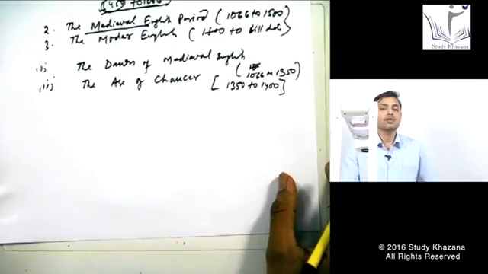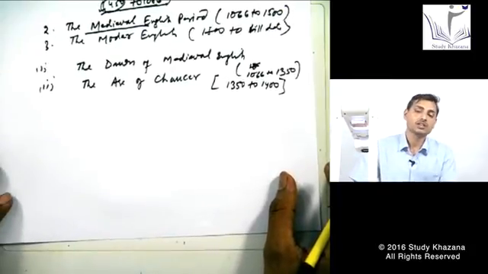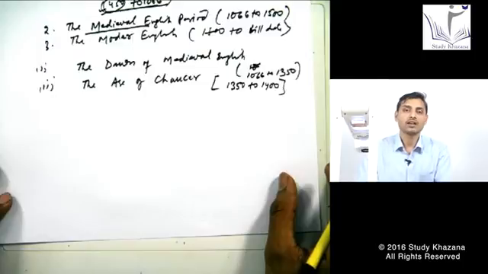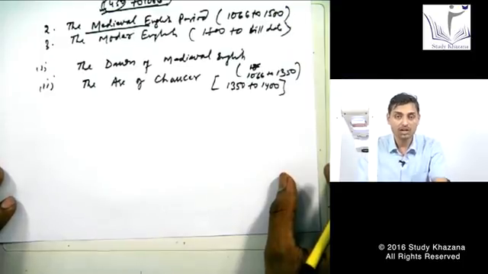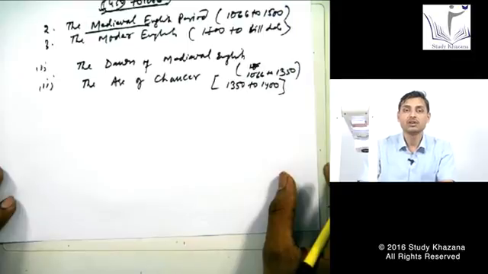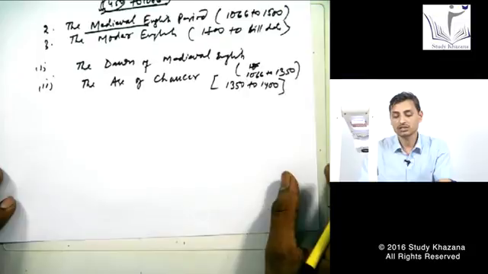Dear students, here I would like to make you understand one important fact, that an age is generally named after two things. Either it is named after the most important writer of the period, or it is named after the king or queen of the age.